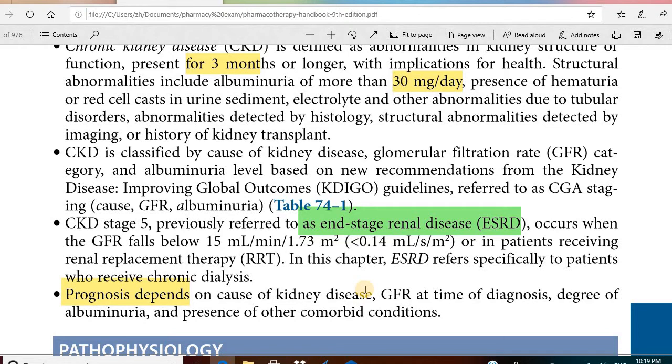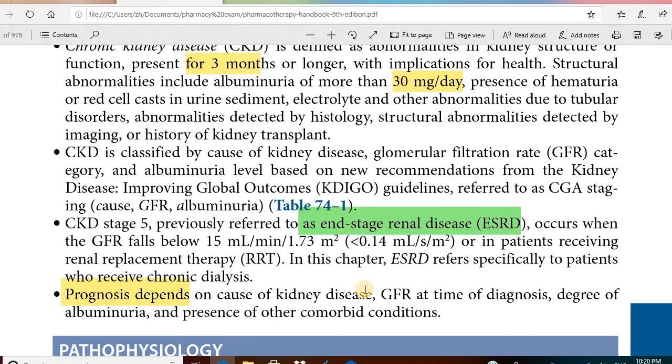So prognosis means we can understand at which stage the disease is present, and what is the cause that the kidney disease happened. Maybe the kidney is damaged due to medication, or due to underlying diseases like diabetes mellitus and hypertension, so you have to understand what other diseases may be present in that patient.